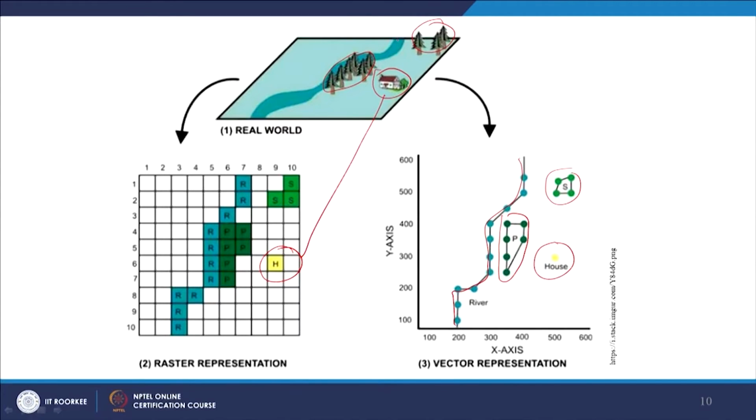Similarly, if I compare the stream or river, here it is being represented, but not smoothly, even in the case of vector, and it is completely in stair steps or a jagged representation. And same with my forest. Here this forest looks a little smoother, but here it is just 3 cells which are representing the one. So if I have relatively coarse resolution data, my error in representing the real world would be very large.